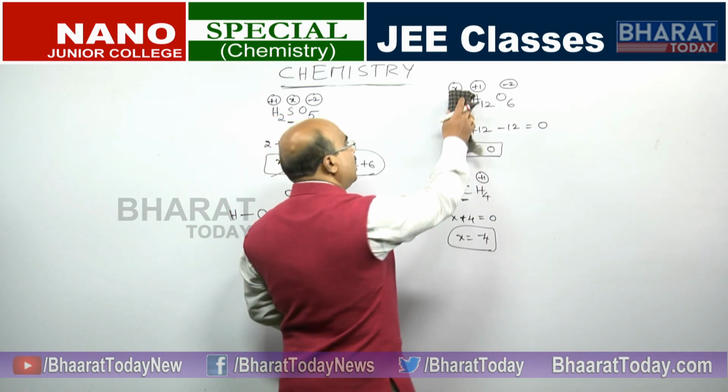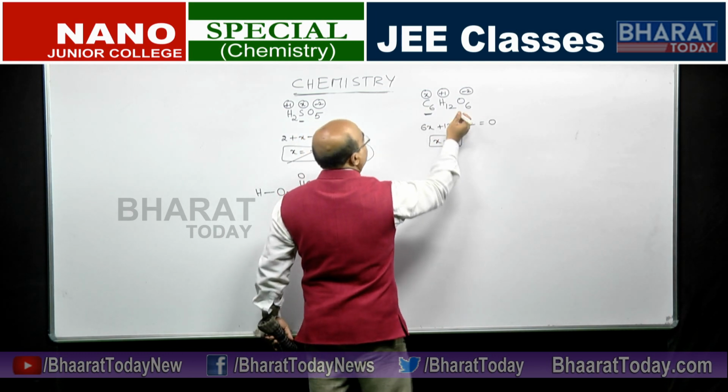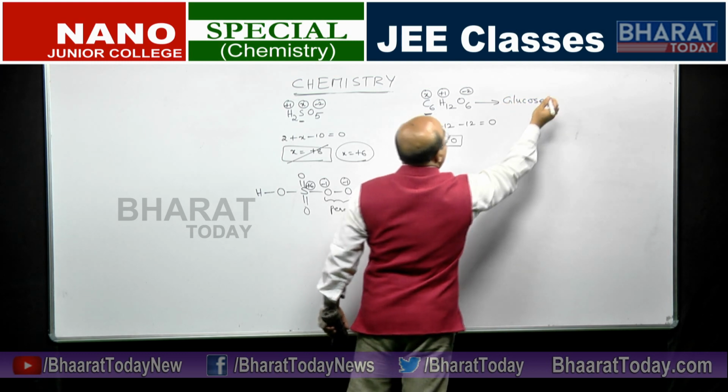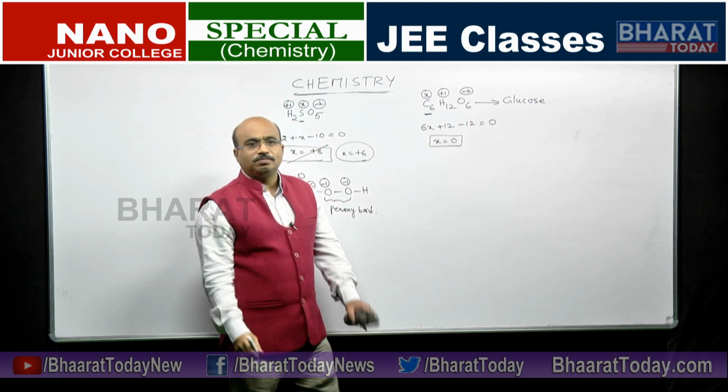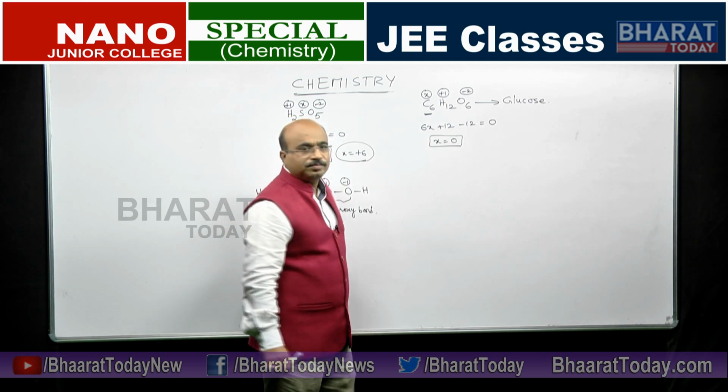But how we are getting 0 here is, suppose you take the structure of this, which is nothing but glucose, which will have this molecular formula. So, let us see the structure of this.